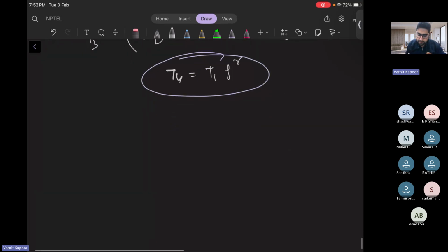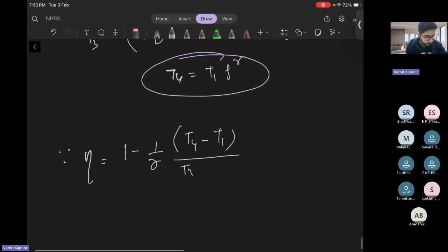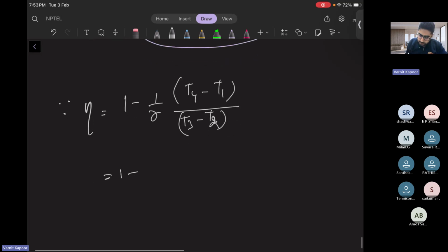Since efficiency was 1 minus 1 by gamma times T4 minus T1 over T3 minus T2, put all the values. T4 is rho to the power of gamma times T1, minus T1.